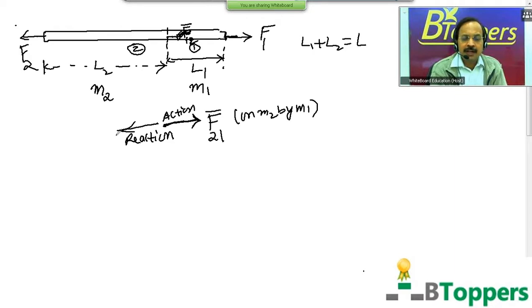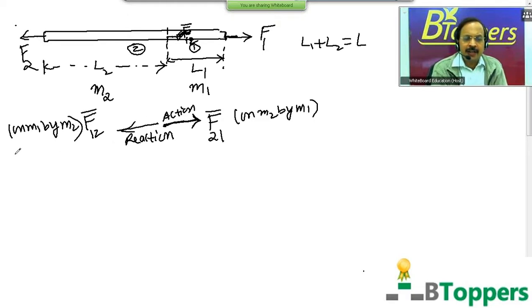If the action is towards right, the reaction will be towards left. If the action is the force on M2 by M1, the reaction will be the force on M1 by M2, which we denote by F bar subscript 2 1.